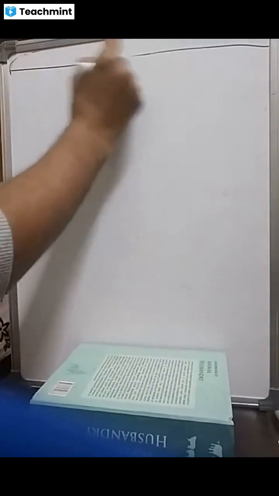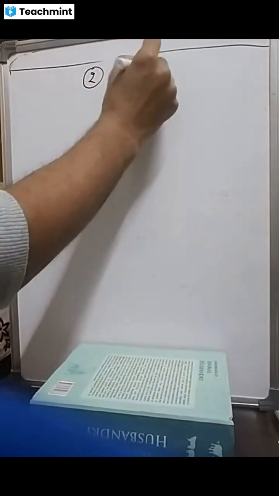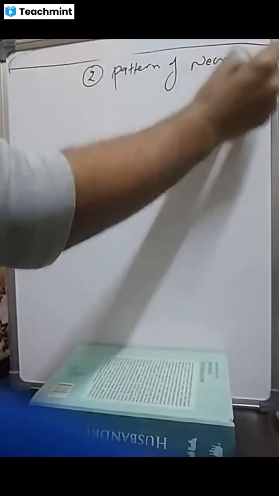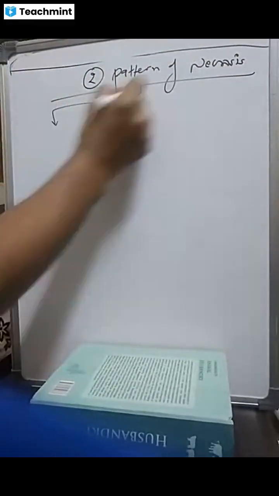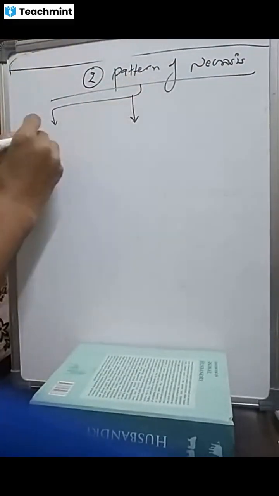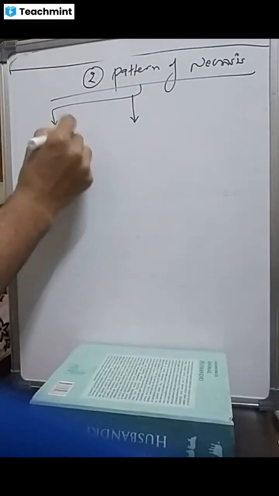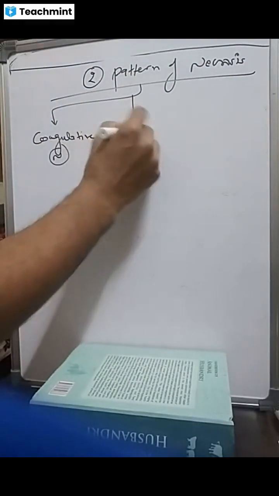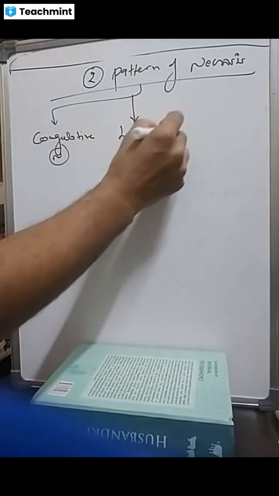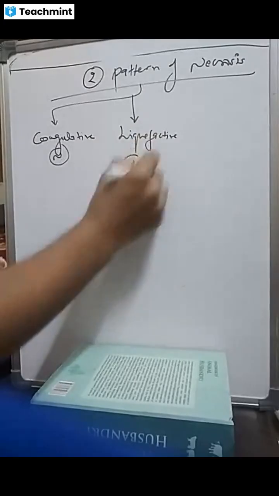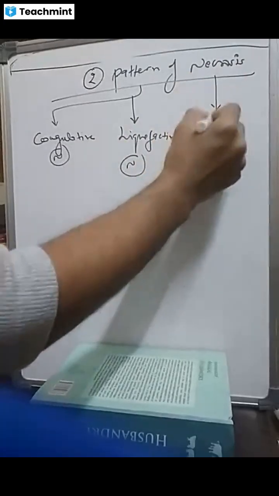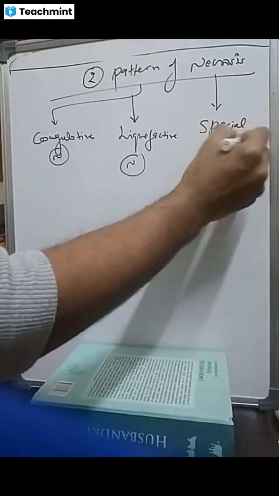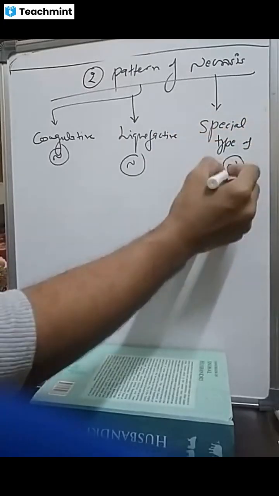So there are two patterns, or two types, of necrosis. One is coagulative necrosis and one is liquefactive necrosis. There are others, known as special types of necrosis.